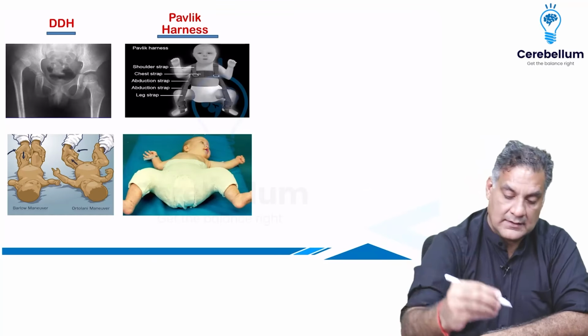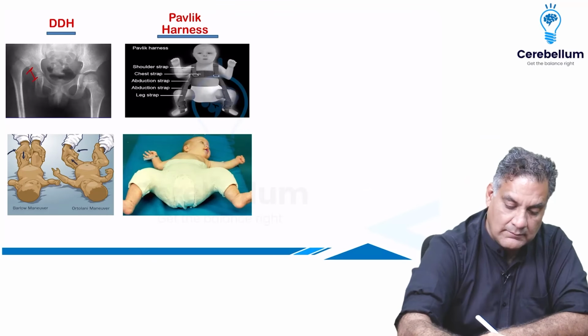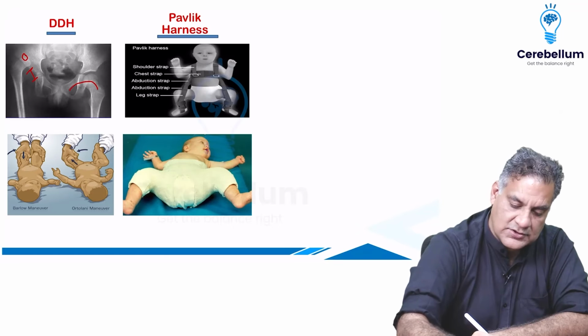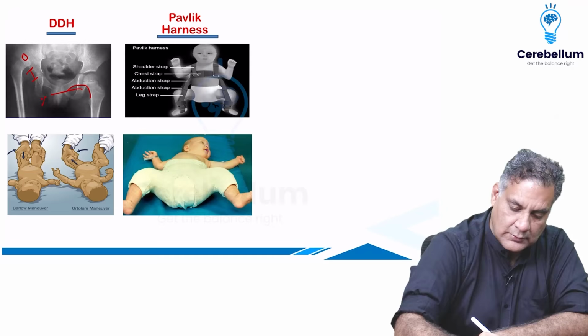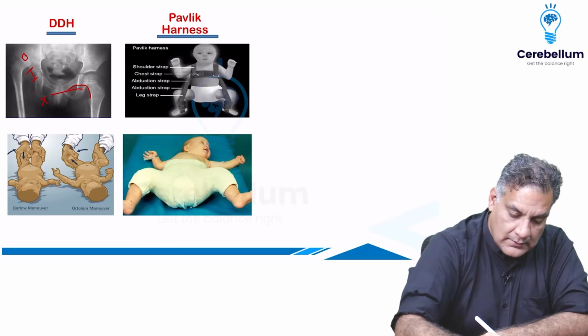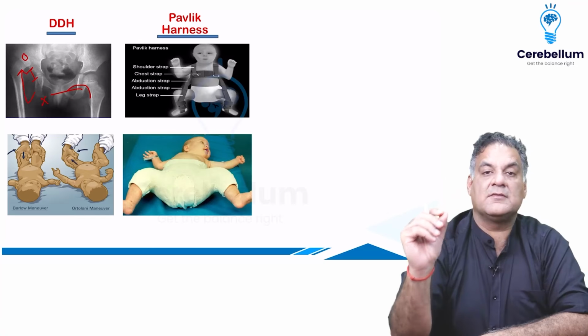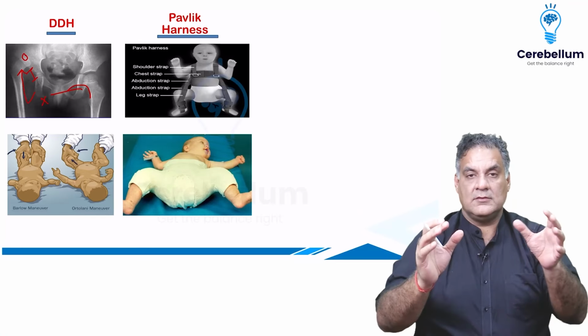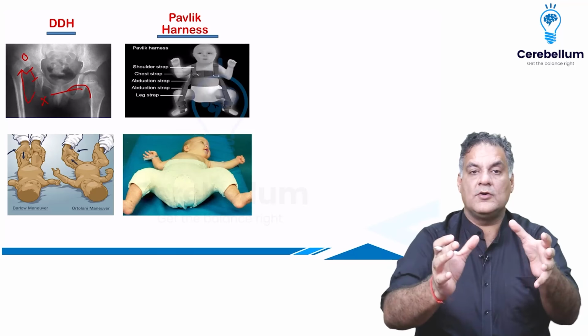DDH, right? There is shallow acetabulum, small epiphysis, Shenton's arch is broken, vascular sign of Narath positive, superolateral is the displacement. In DDH, if you try to do the signs, there are two signs.